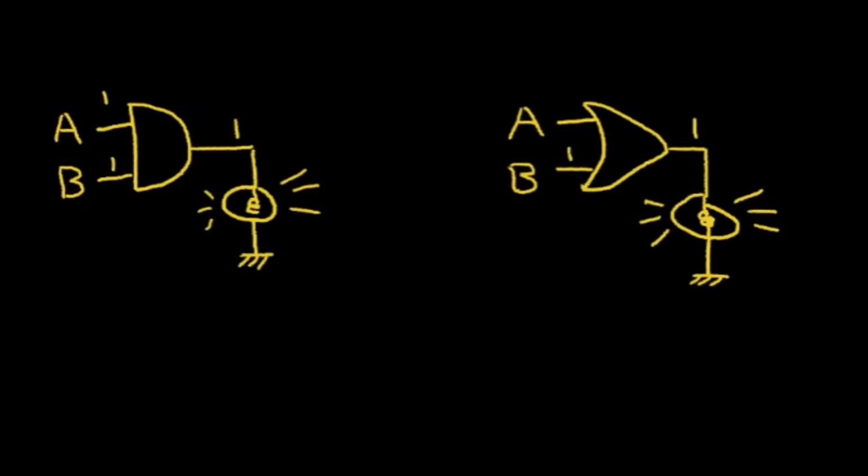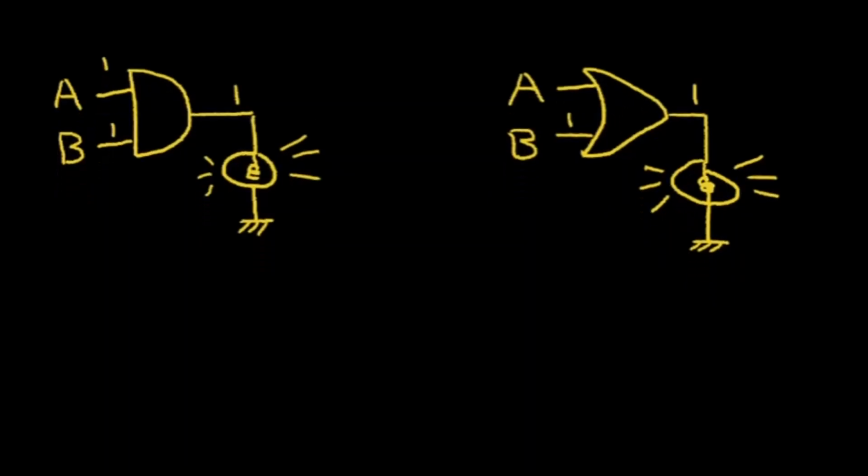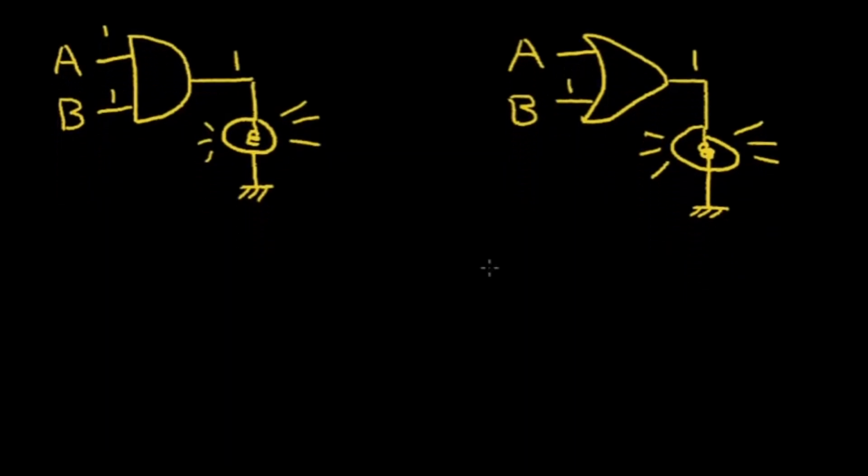So in CMOS, we can generate the AND function and we can generate the OR function. But it's more simple to generate what we call the NAND function and the NOR function. It requires less transistors to generate those functions. So let's consider what a NAND function is.